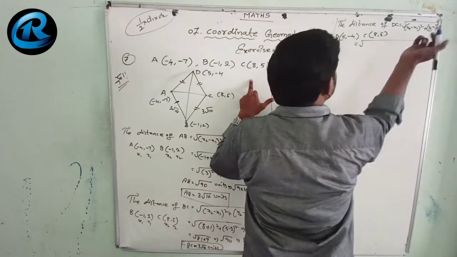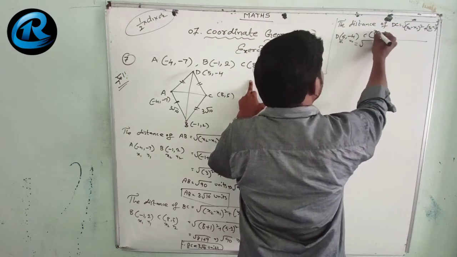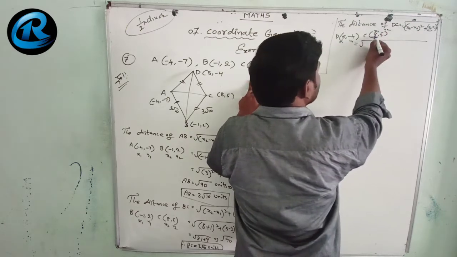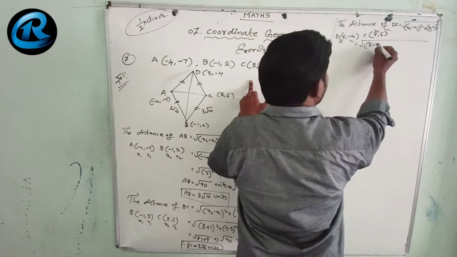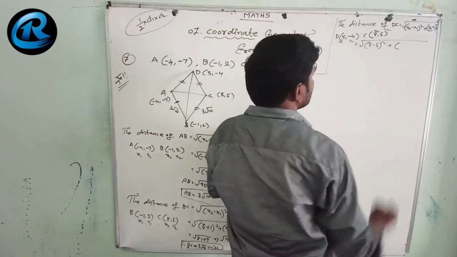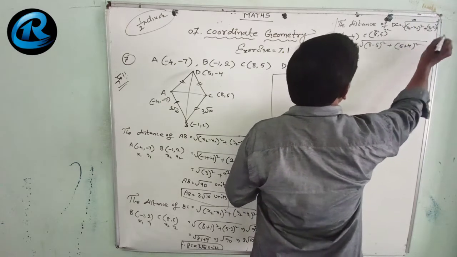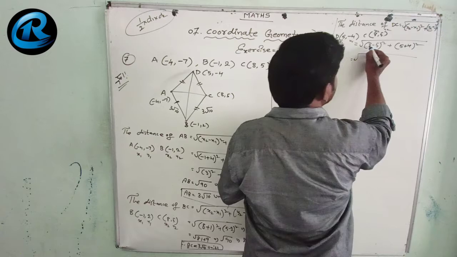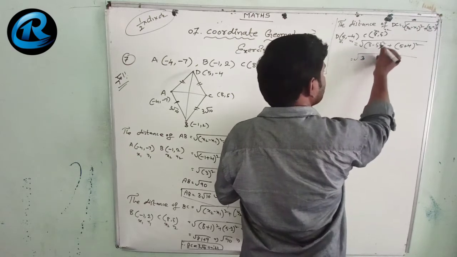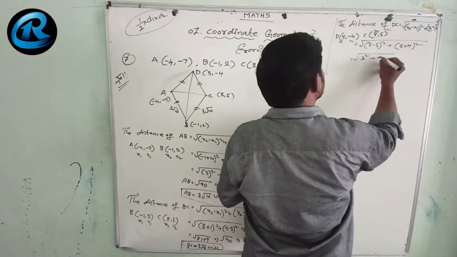So we go for x2 minus x1. It is x1 y1 x2 y2. 8 minus 5 whole square plus y2 minus y1, 5 plus 4 whole square. Again you get the same. See, 8 minus 5 is 3 square, plus 5 plus 4 that is 9 square.